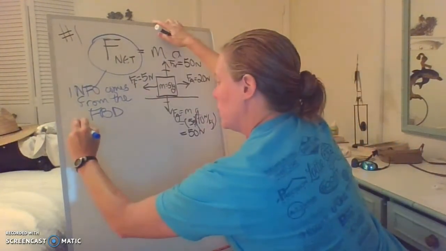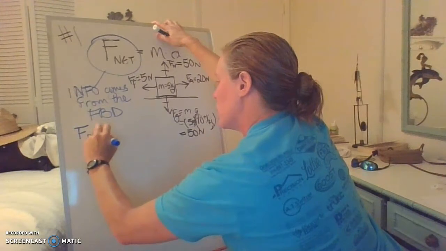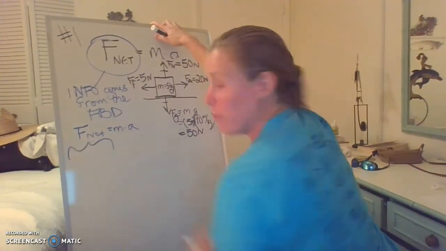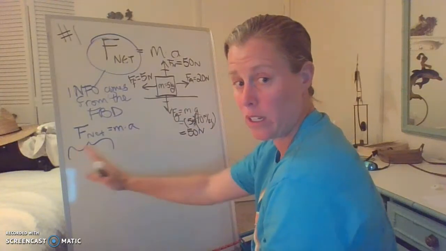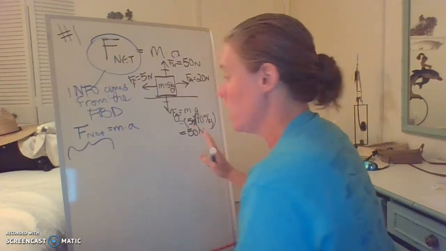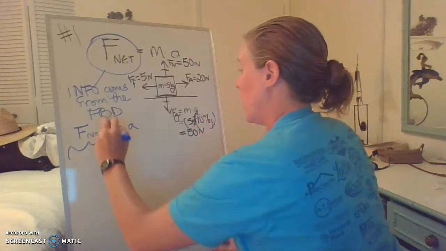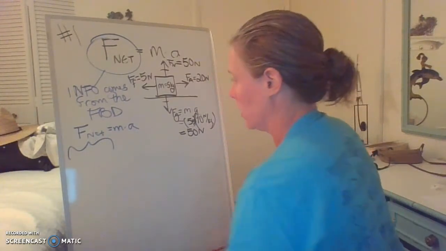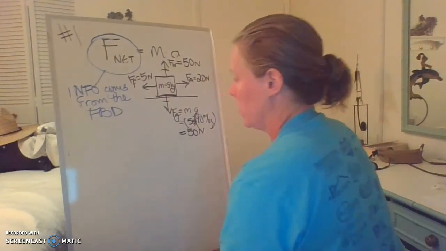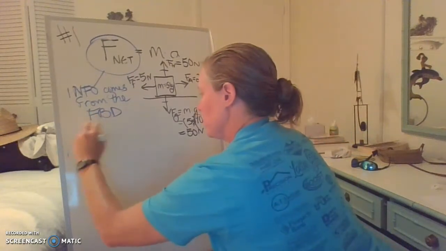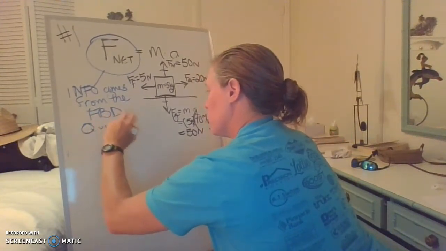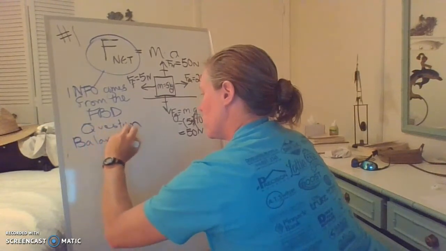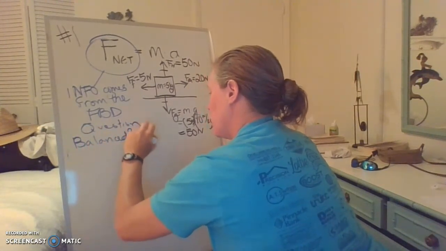My force net equals mass times acceleration. What forces do I have? Now we're looking horizontally. The question: balanced or unbalanced?